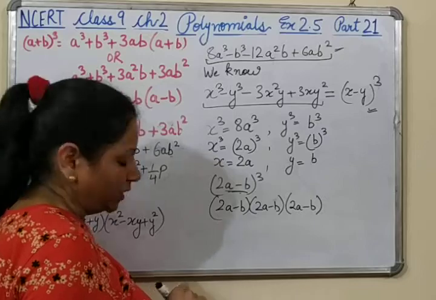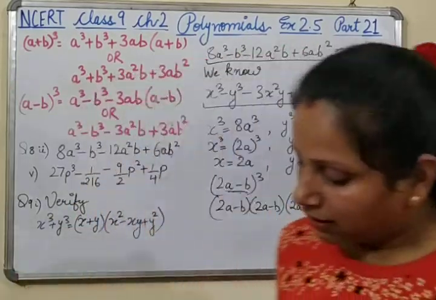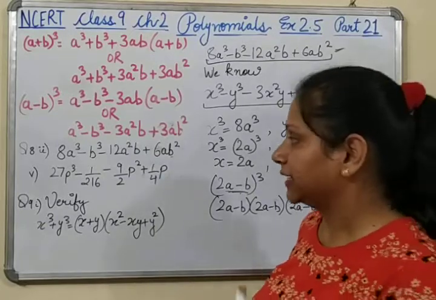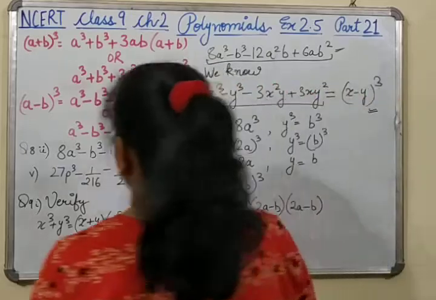Clear? Okay. Now moving on to the next, we have the fifth part of the question, that is 27p cube minus 1 upon 216 minus 9 upon 2p square plus 1 upon 4p.